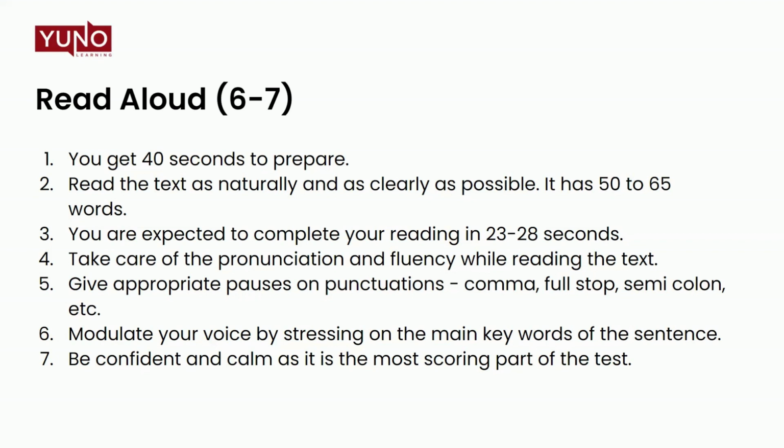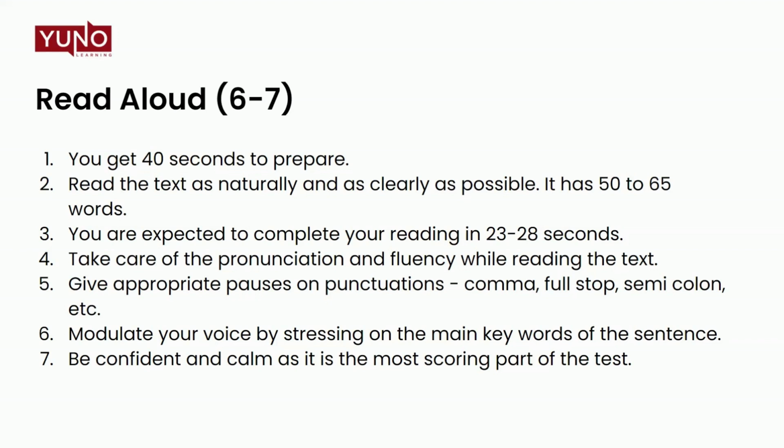The first type of question that you can expect is read aloud, and you get 6 to 7 questions of this type. How much time do you get to prepare? Only 40 seconds, and it's a text of 50 to 65 words. So read the text as naturally and as clearly as possible. Articulate each word clearly. Your modulation and fluency will matter.